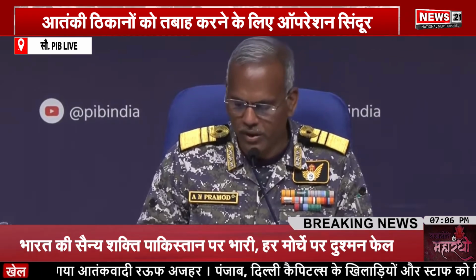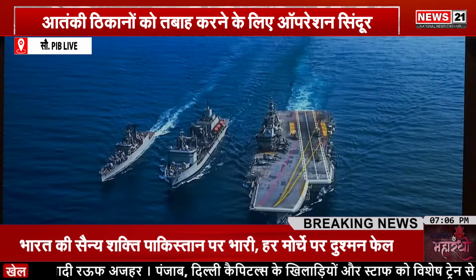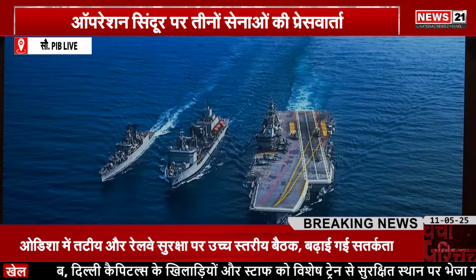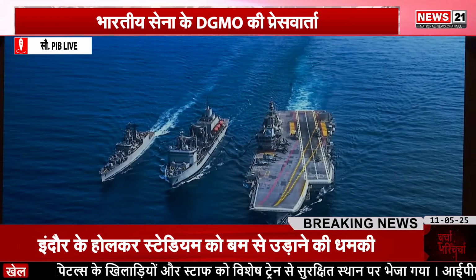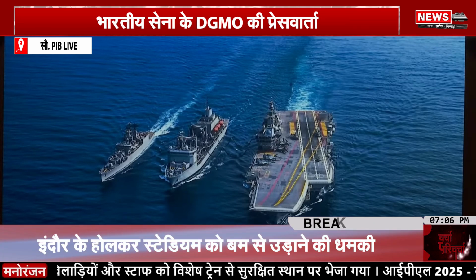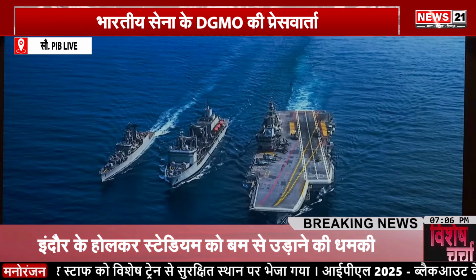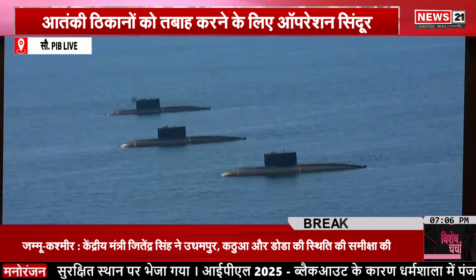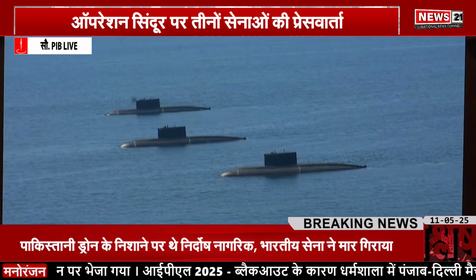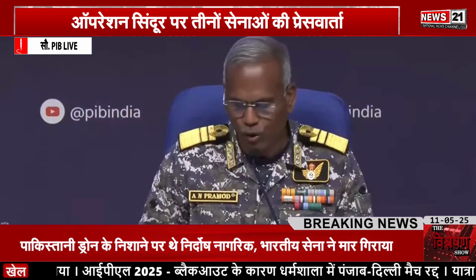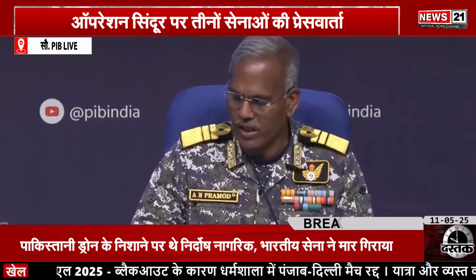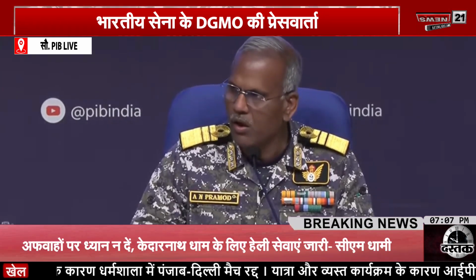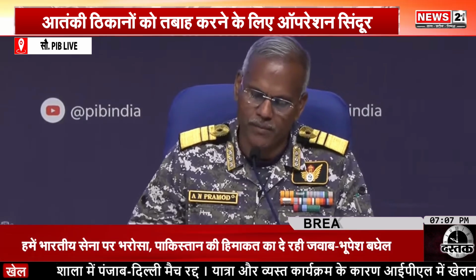The forward deployment of the Indian Navy compelled Pakistani naval and air units to be in a defensive posture, mostly inside harbors or very close to the coast, which we monitored continuously. The Indian Navy maintained seamless maritime domain awareness throughout the duration and was entirely aware of the location and movement of Pakistani units.